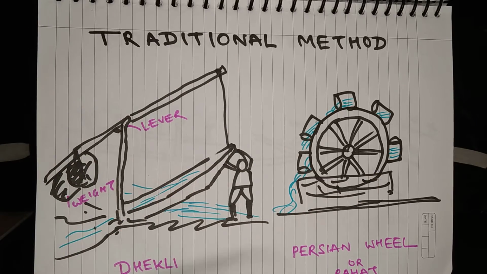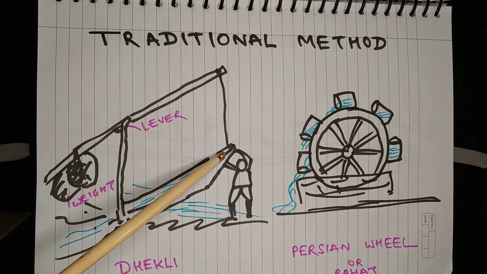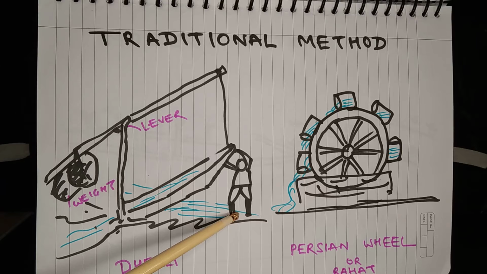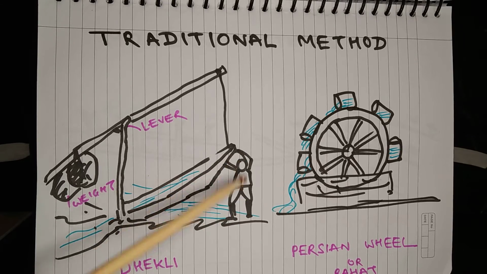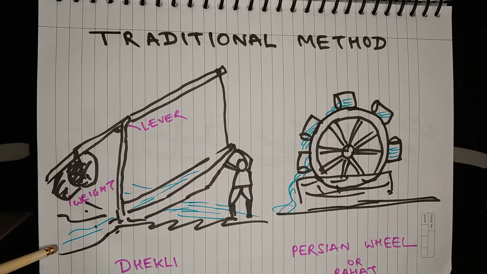So what happens when the person lowers down this rope, this container goes over here and water fills the container. Now when he releases the rope, because of the counterweight, this goes up and water is emptied into the channel, and this channel takes water to the farm.